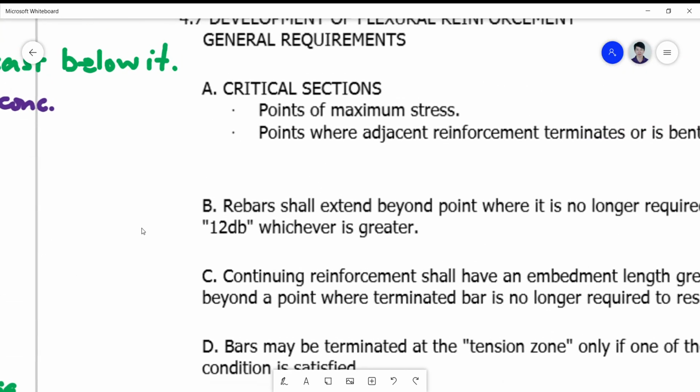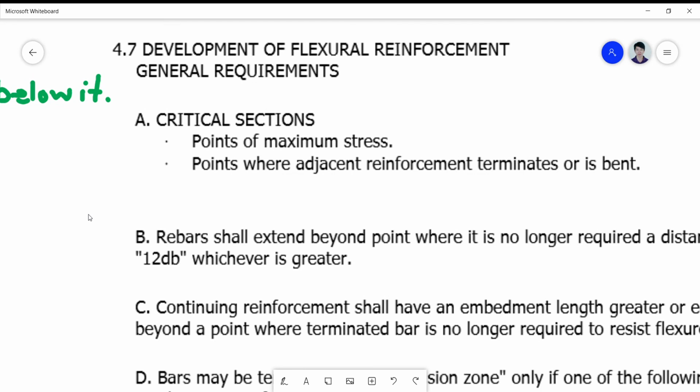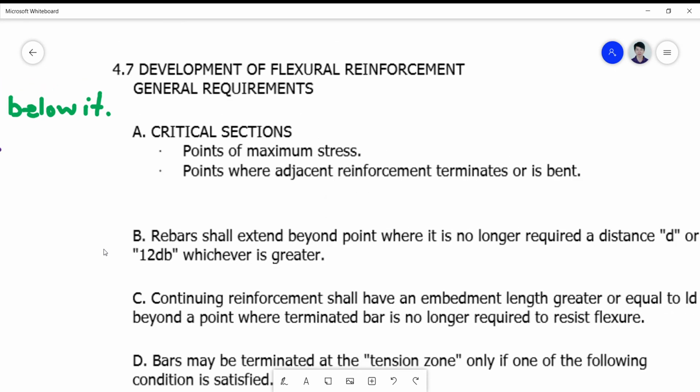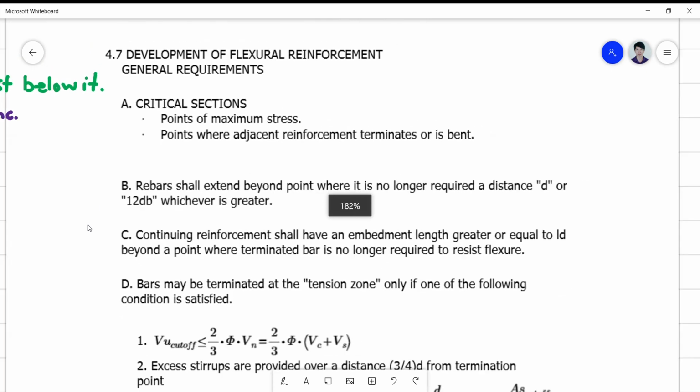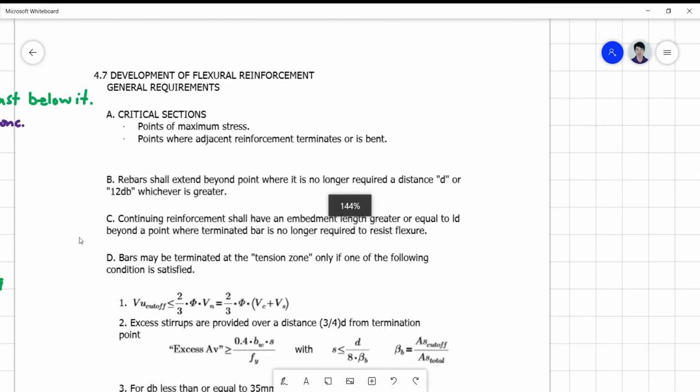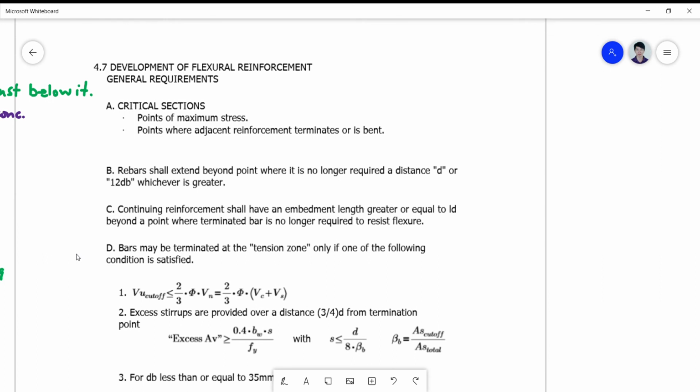Okay, let's go now to some of the notes and general requirements on the application of development length in the bars. For the development of flexural reinforcement, the general requirements are we have to see to it that the ld requirement is checked on the critical sections. So we have to bear in mind that we need a check on this.